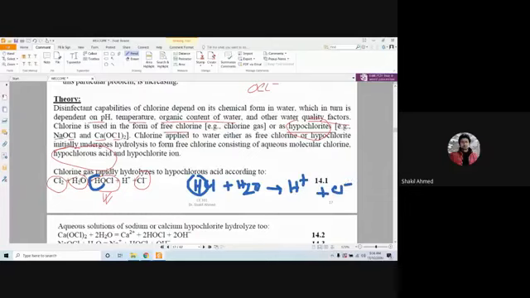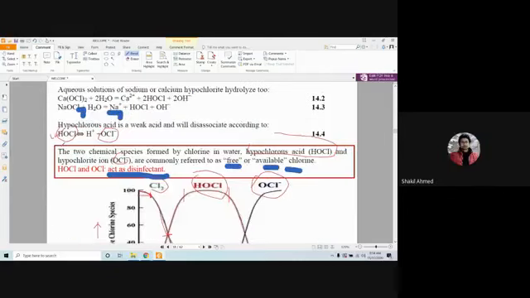But here you are not adding extra hydrogen ion. The hydrogen ion that you see here has basically come from the water molecule. That's why it's not going to change the pH. Clear? Yes, sir. Any other questions, guys?